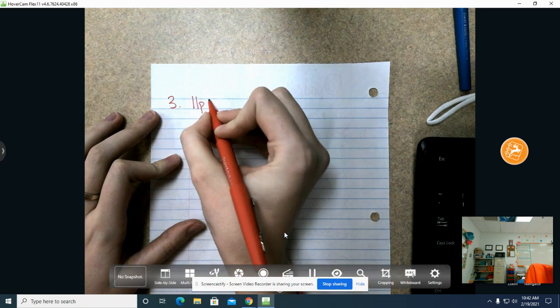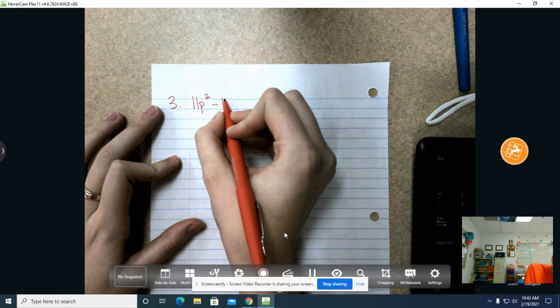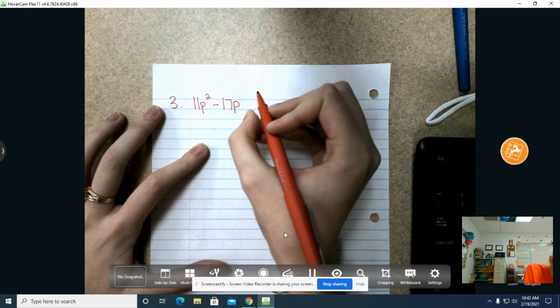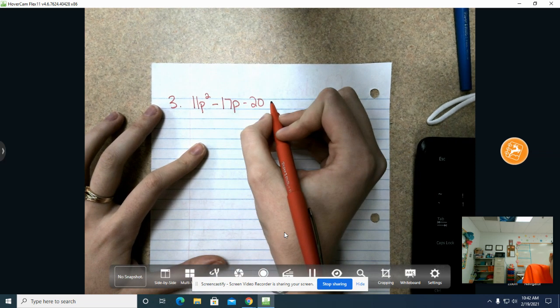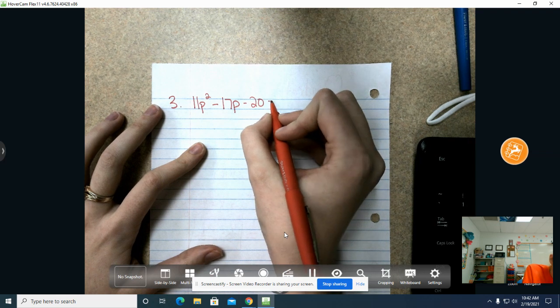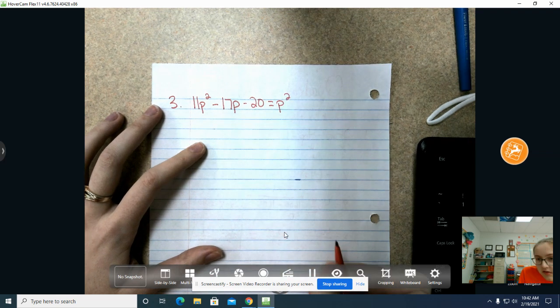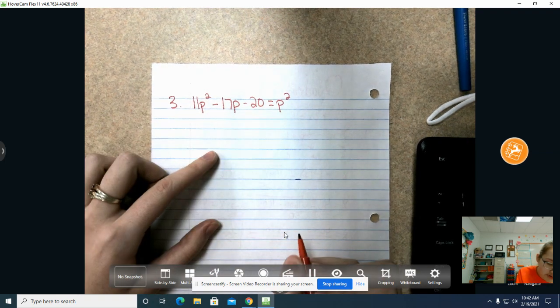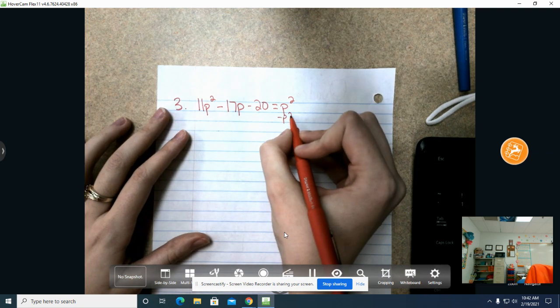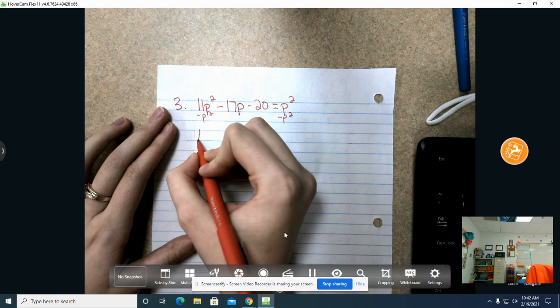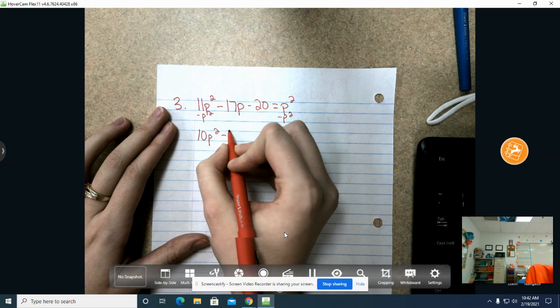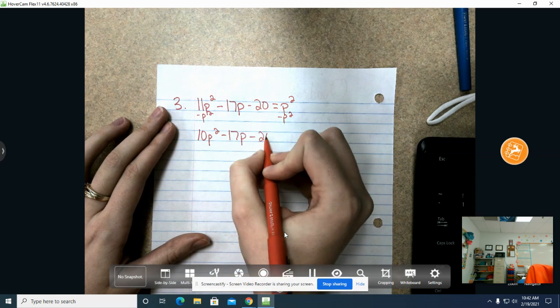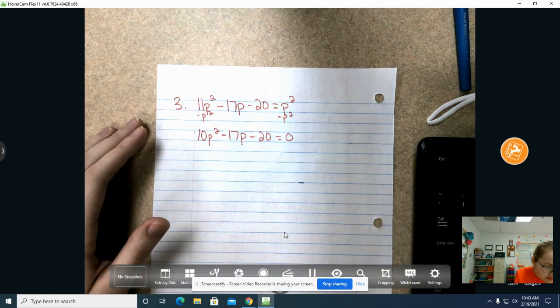So we'll have 11p squared minus 17p minus 20 equals p squared. So remember, you're going to have to move over your p squared. So minus p squared, you'll have 10p squared minus 17p minus 20 equals 0.